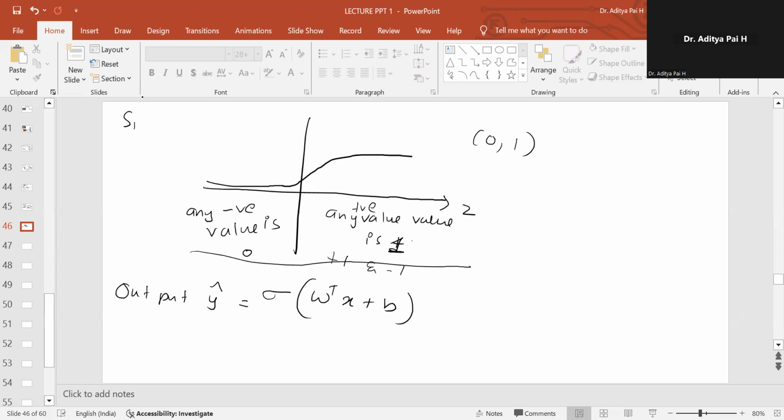When a sigmoid function is added to this, we'll get a value in the range of 0 and 1.